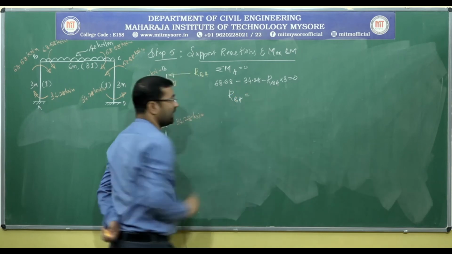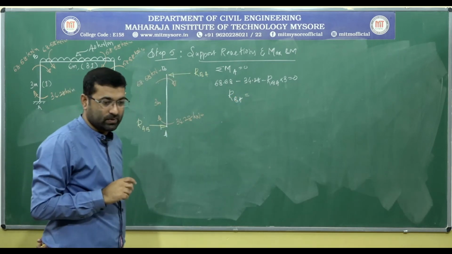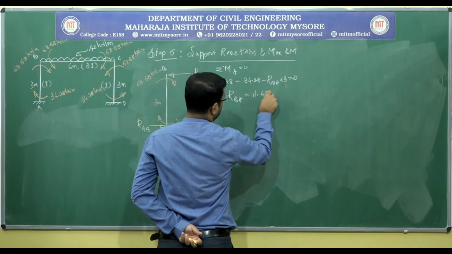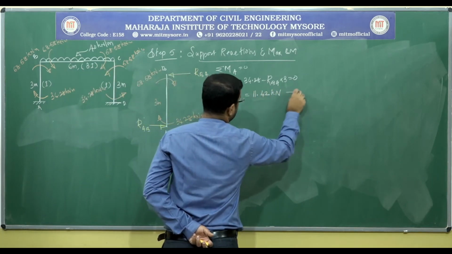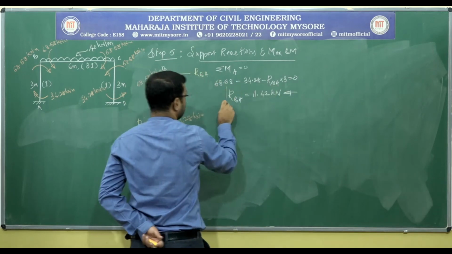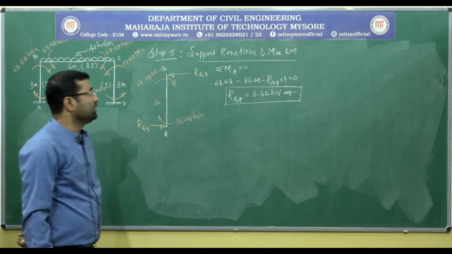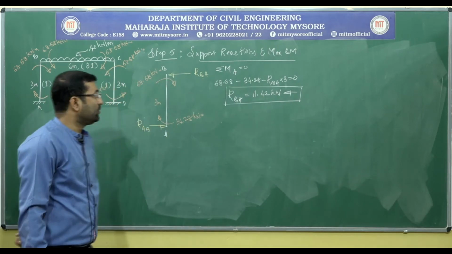So we will get RBA as 11.42 kilonewton, which is acting in the negative axis, right? So this is one reacting component.